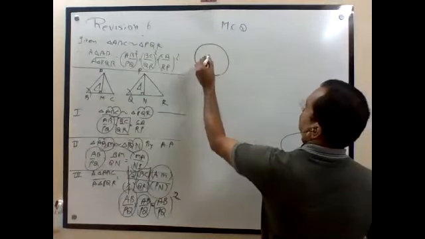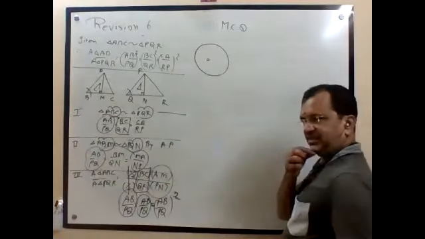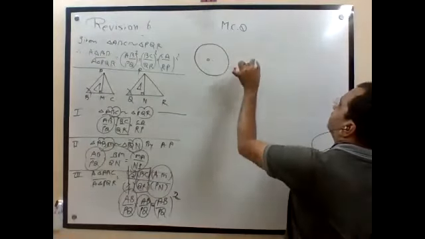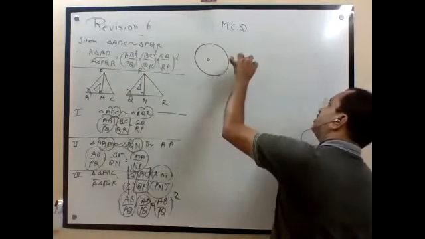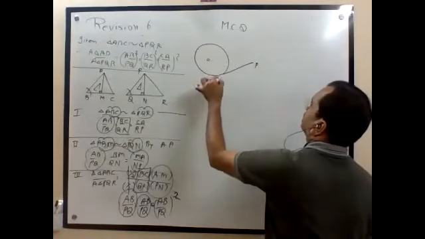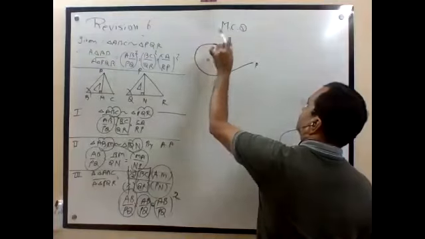So O is the center, P is a point outside. From P, two tangents, PA, PB.